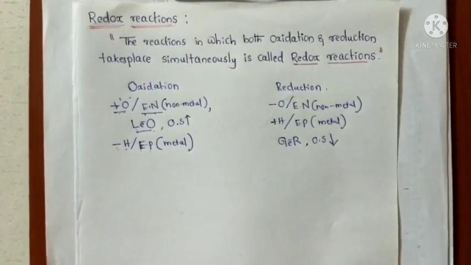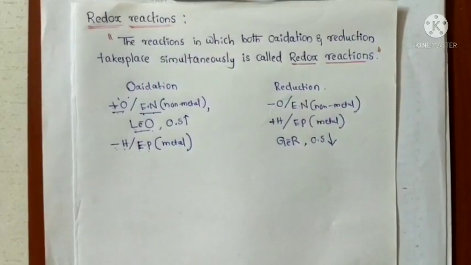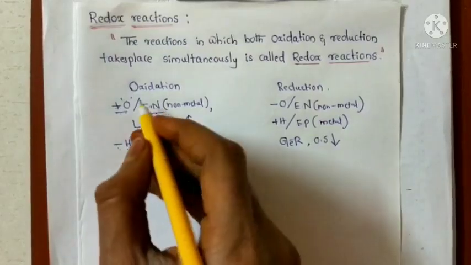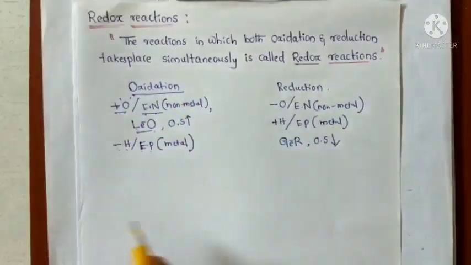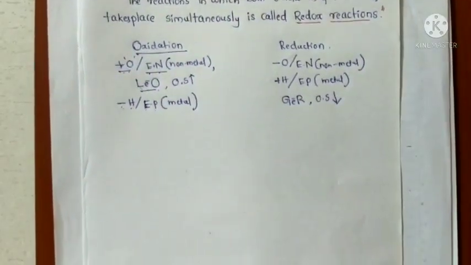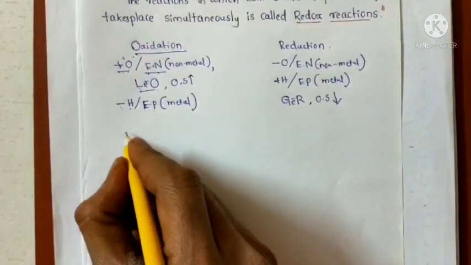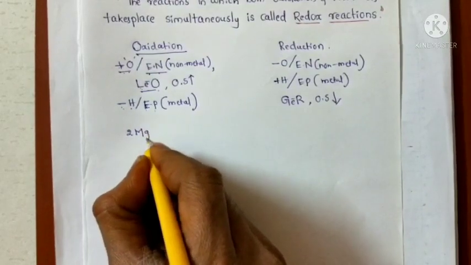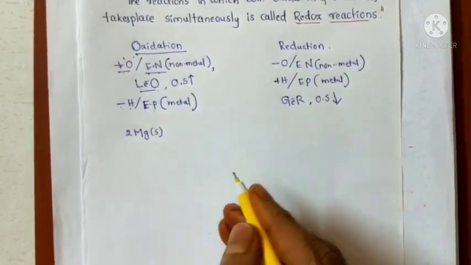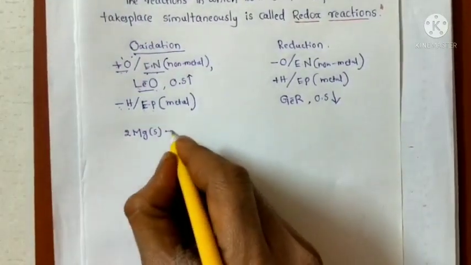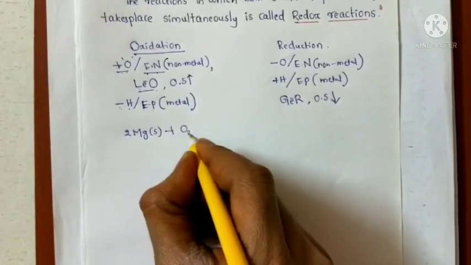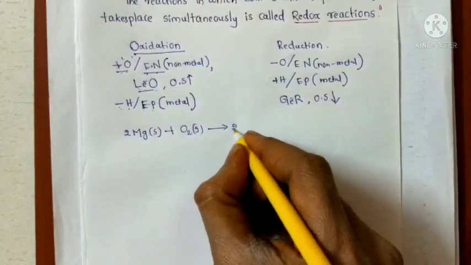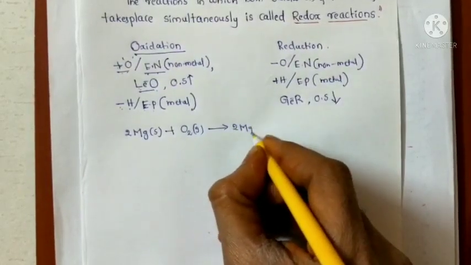So now we will see one by one, taking examples. First we will see the oxidation reactions. The first example for oxidation reactions is 2 moles of solid magnesium reacting with oxygen to form magnesium oxide, 2 moles of magnesium oxide.